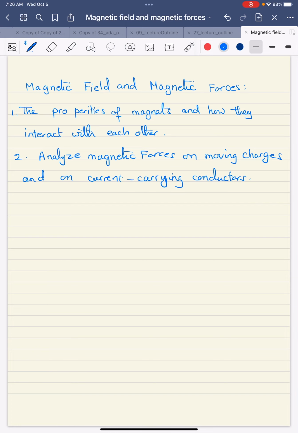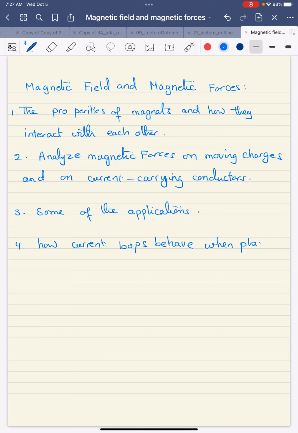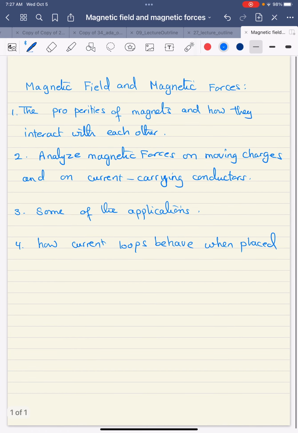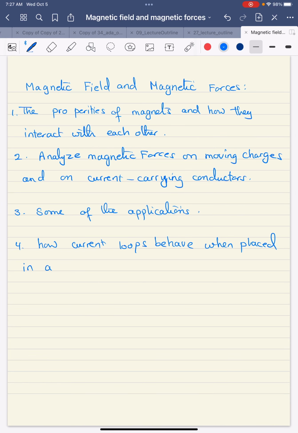We will also go over some of the applications and also study something about how current loops behave when placed. And this is like the interaction between electricity and magnetism when placed in a magnetic field.